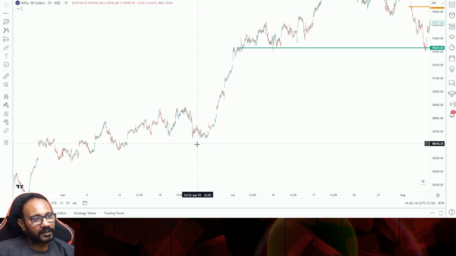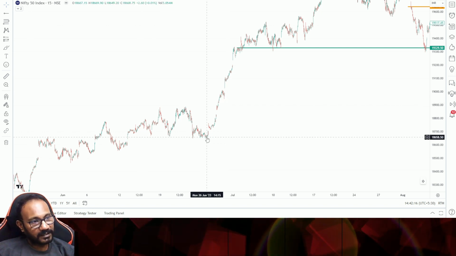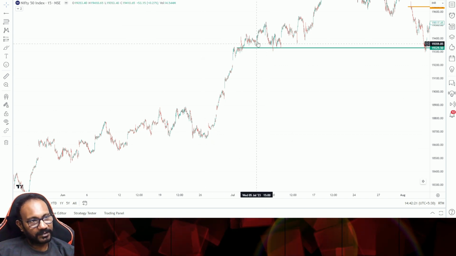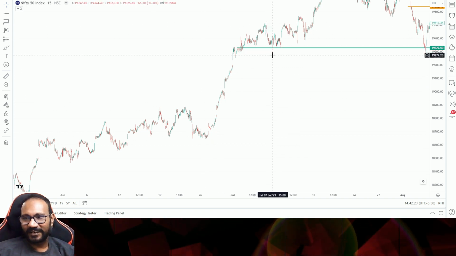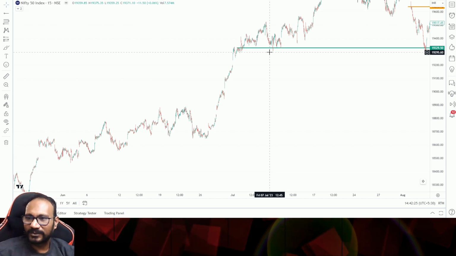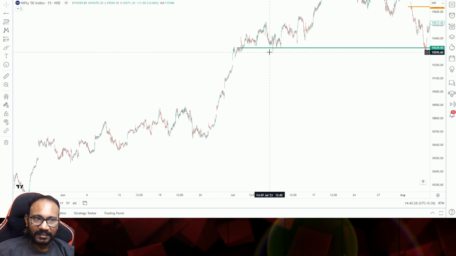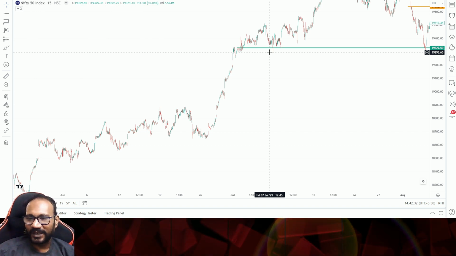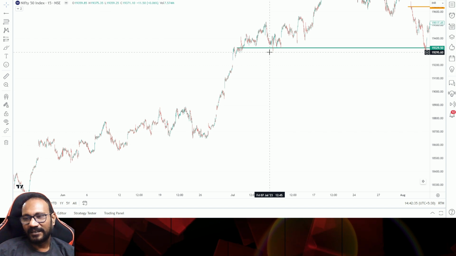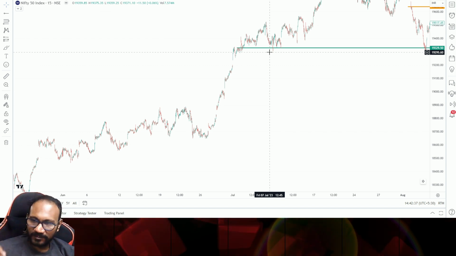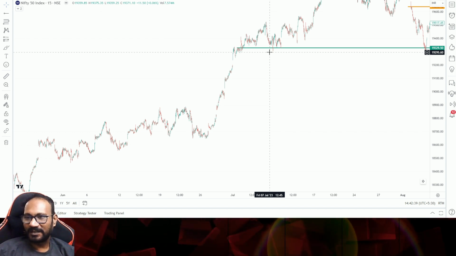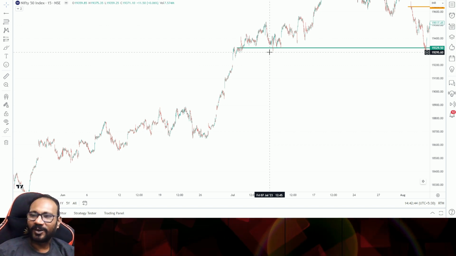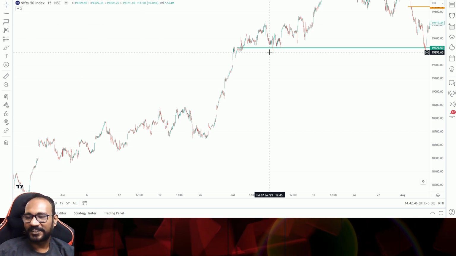If I consider this as the starting point and this as the ending point, then for this move, this is the retracement, right? The market always has to pull back some distance in order to breathe, rest, and then run again. So retracements are those pauses that look like some sort of reversal, but in reality, the market is just taking some breath for the rally to continue in the same direction.